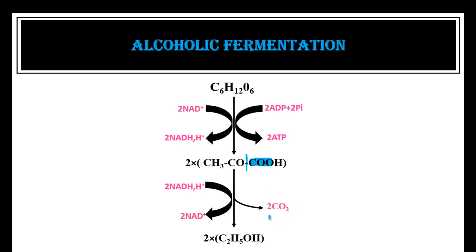But what's important for us is we will end up having or producing 2 ATP molecules because the 2 NADH produced in glycolysis are going to be reused in this step over here. So in fermentation especially, we will end up regenerating NAD+.